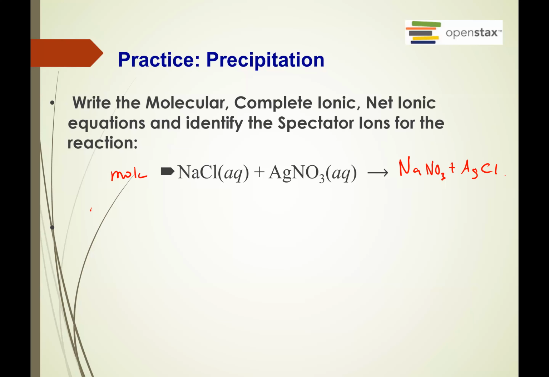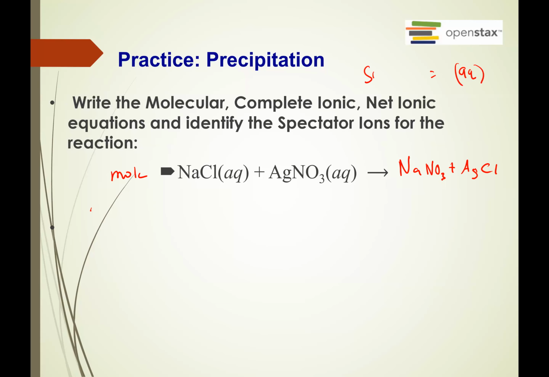Solubility table, right? When we look at our solubility table, I always tell my students there's a couple things to always remember. All nitrates are soluble because nitrates are everywhere in our reactions and it's the most common one you're going to see, and they're always soluble. So if all nitrates are soluble, remember soluble means aq.